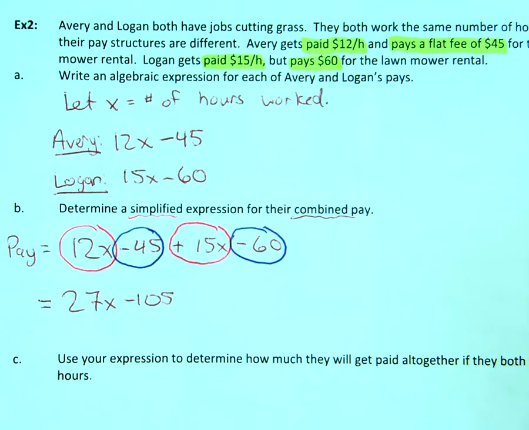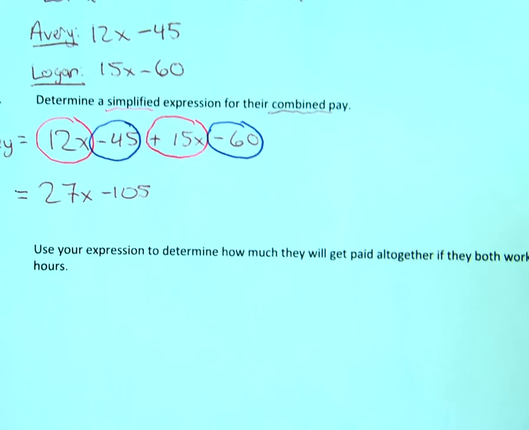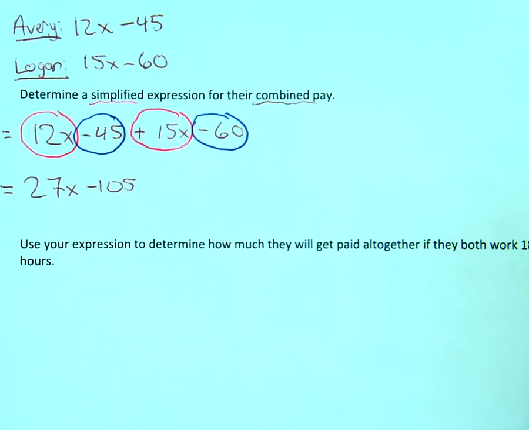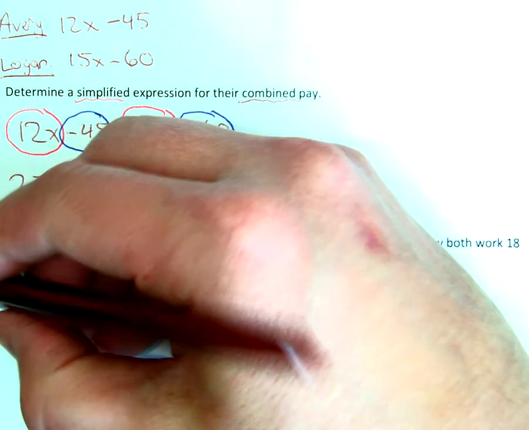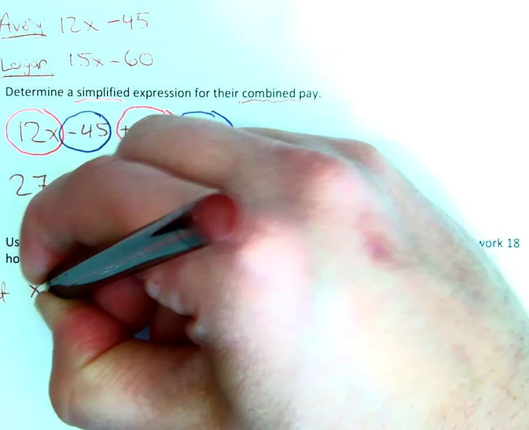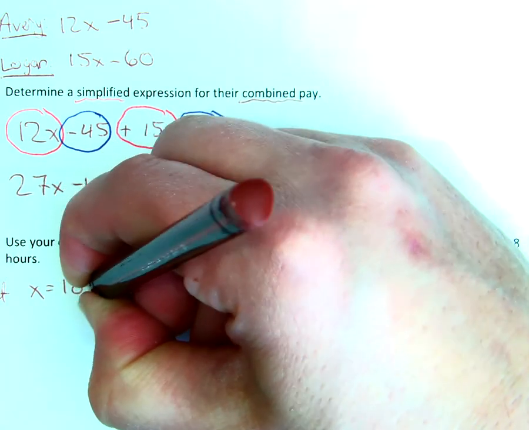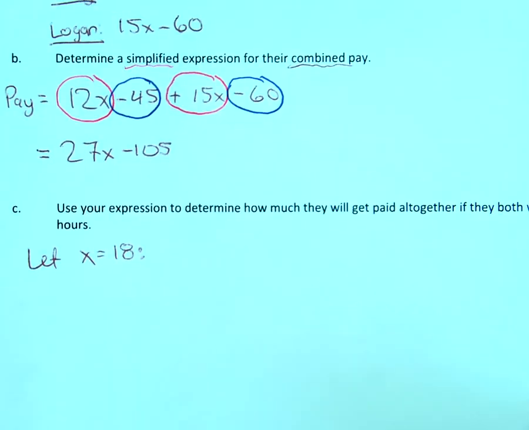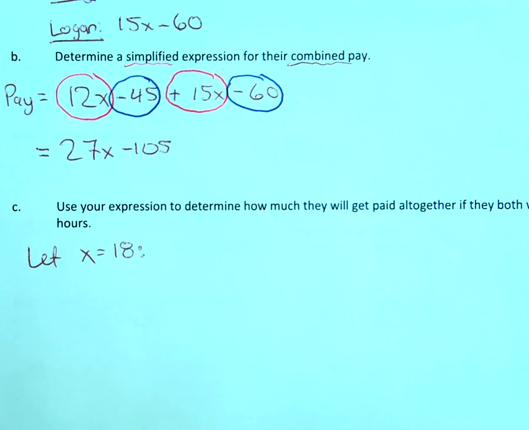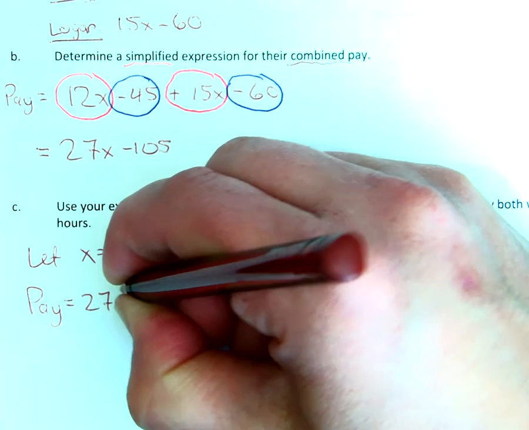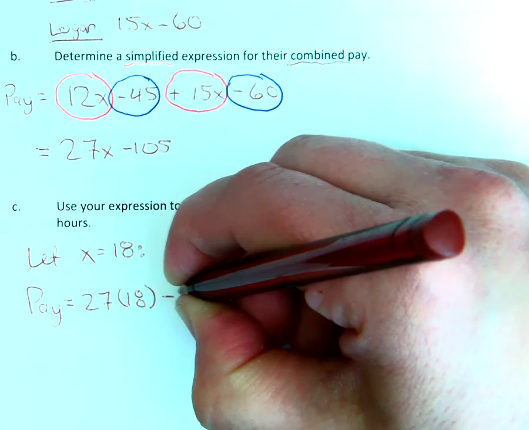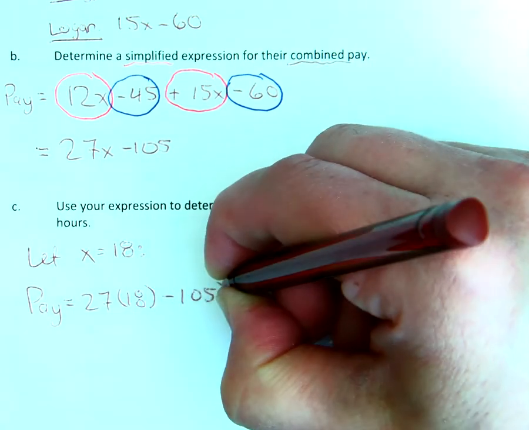That is simplified. For part C, it says use your expression to determine how much they'll get paid if they both work 18 hours. So what I'm going to do is replace the x with 18. Let x equal 18. So then the pay is going to be equal to 27 times 18 minus 105.